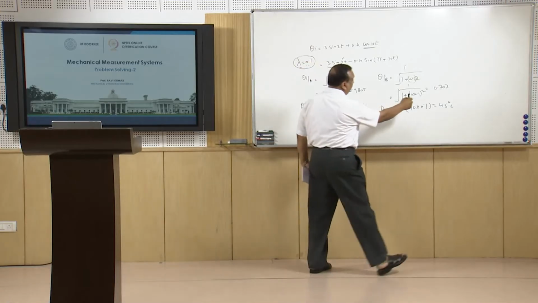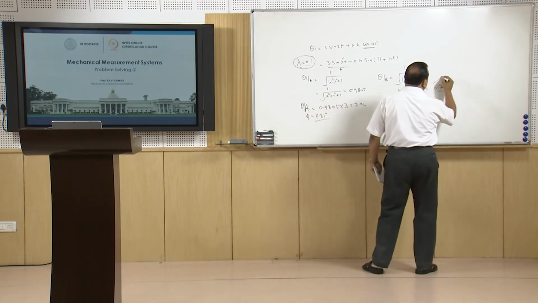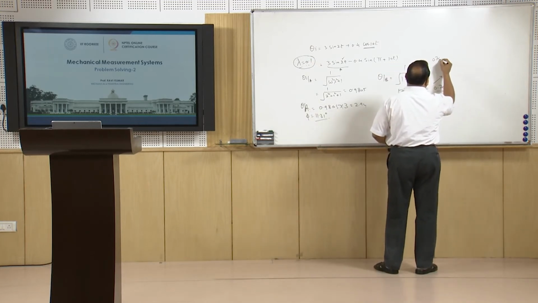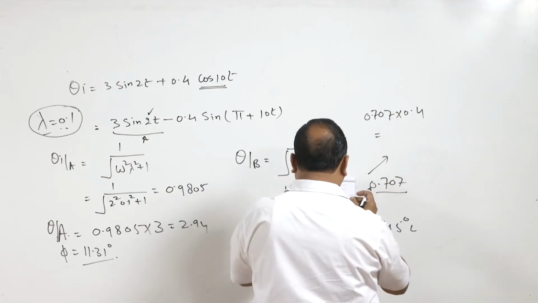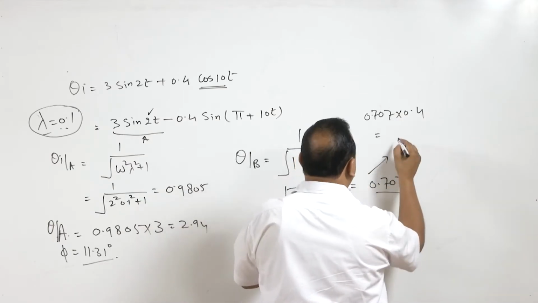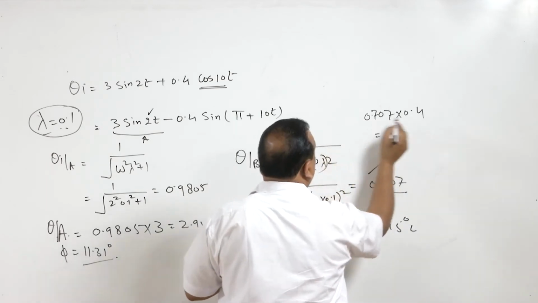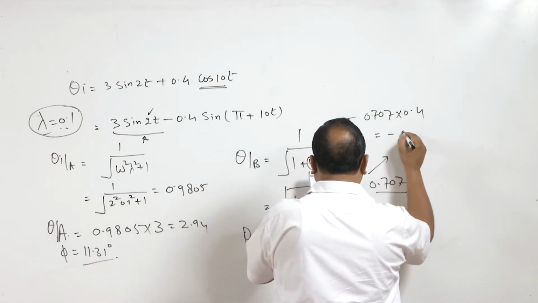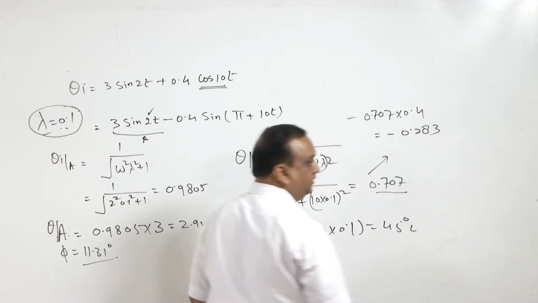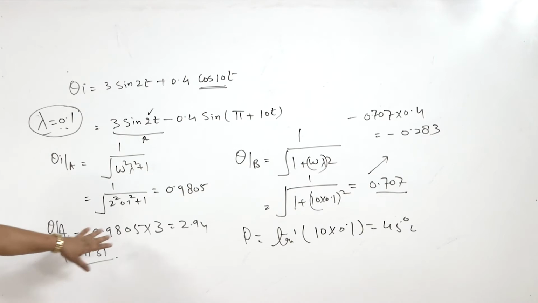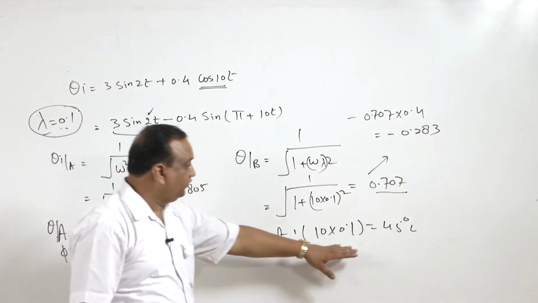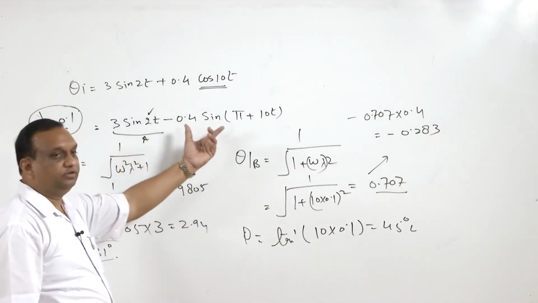And because the amplitude is attenuated by 0.707, 0.707 multiplied by 0.4 will give the amplitude, and that is going to be equal to, this is minus 0.4, so minus 0.283. Now we have amplitudes and phase angles, or phase lag, of responses in both the cases.